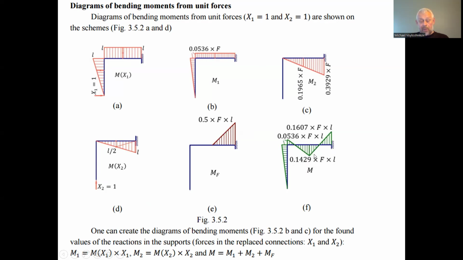We subtract the magnitude of the bending moment on the left and divide by the length of the segment, and we can find the tangent of the angle of inclination of this line.